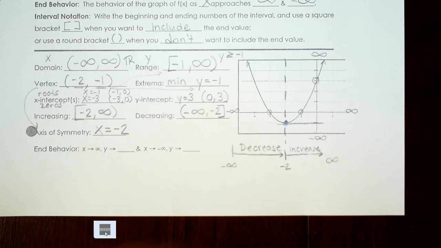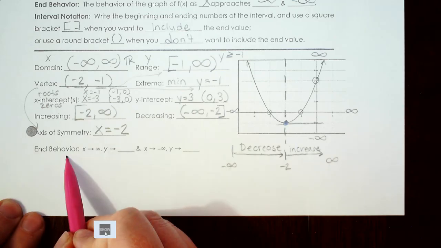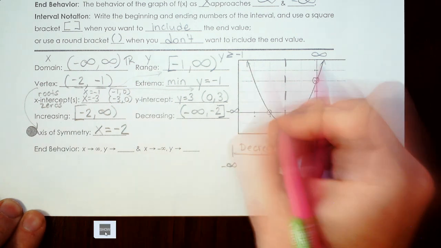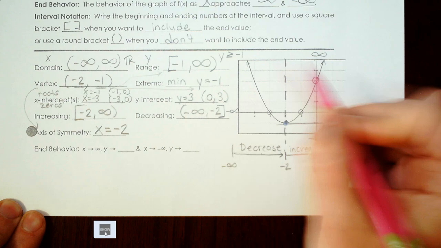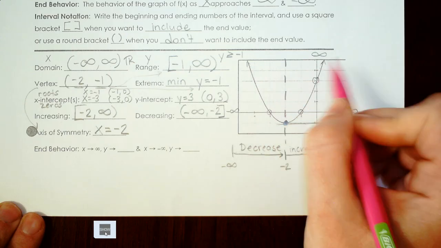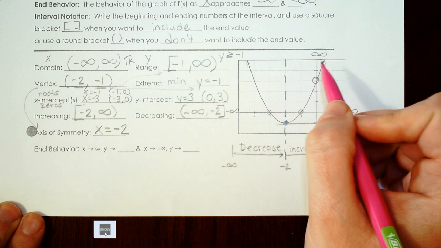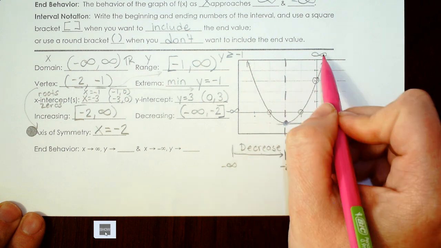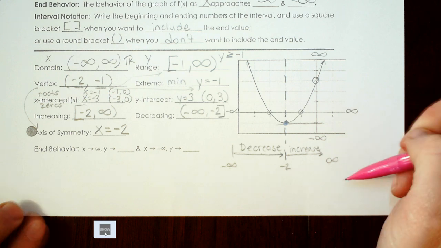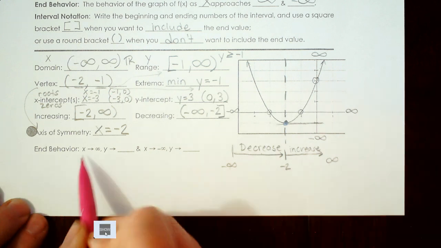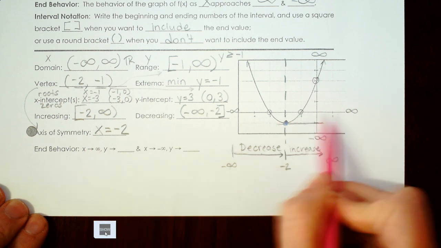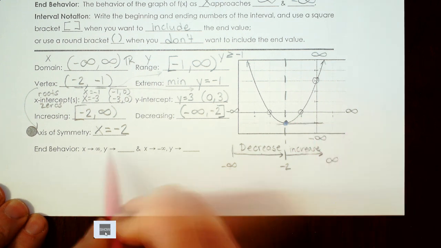All right. Your end behavior is talking about the arrows on the ends of your parabola. On a parabola, on a quadratic, your arrows will always be pointing in the same direction. Either they're both pointing up to infinity or they're both pointing down to negative infinity, depending on what your graph looks like. So let's read this. As x approaches infinity, so as we go towards infinity on x, what is y doing?